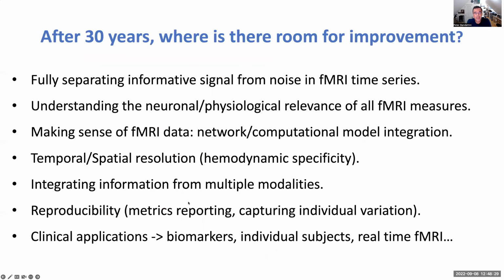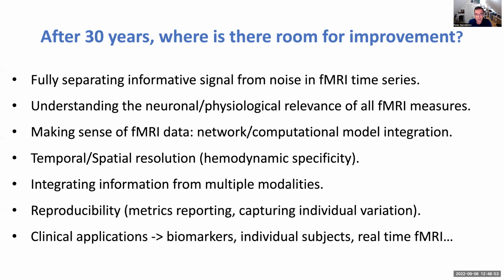So after 30 years, that was only like 20, but after 30 years of fMRI being around, where's the room for improvement? I'd like to give this overview slide because it helps put things in context. One, we're still working on fully separating the informative signal from the noise in fMRI time series.